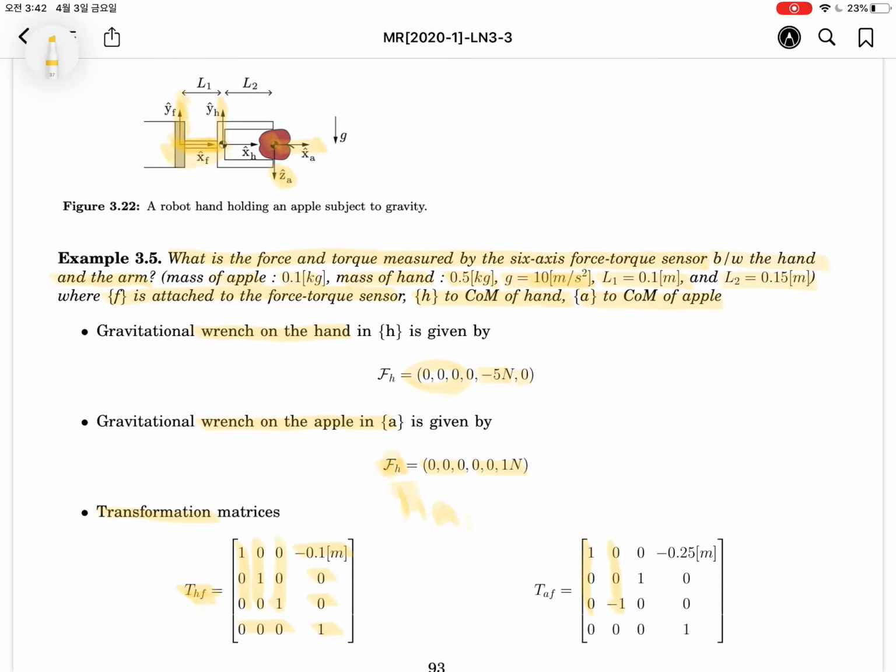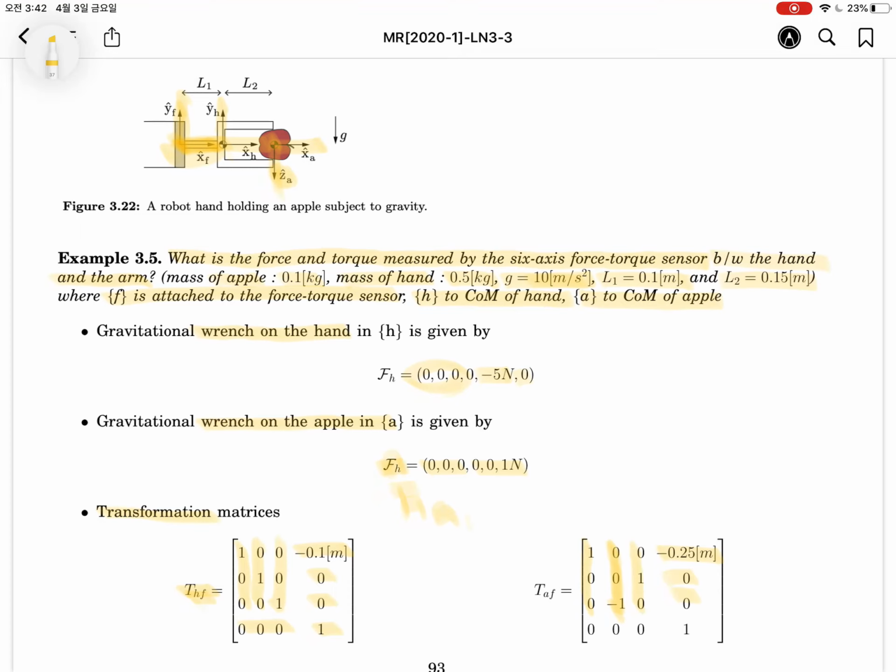I'm sorry, the y-axis is the minus g, and the g-axis is equal to the y-axis, so we have 0, 1, 0. Here, this point can be located at the minus x direction, 0.25, so we have this equation.